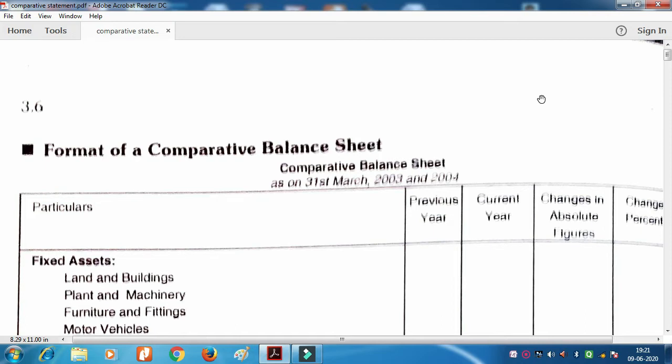In case of PL account, we'll see whether it has increased or decreased from the previous year level, and in case of balance sheet, we'll see the same. The idea is to see whether the asset or, say, income or expense is increasing or decreasing and what repercussion it has on the financial position of a company.